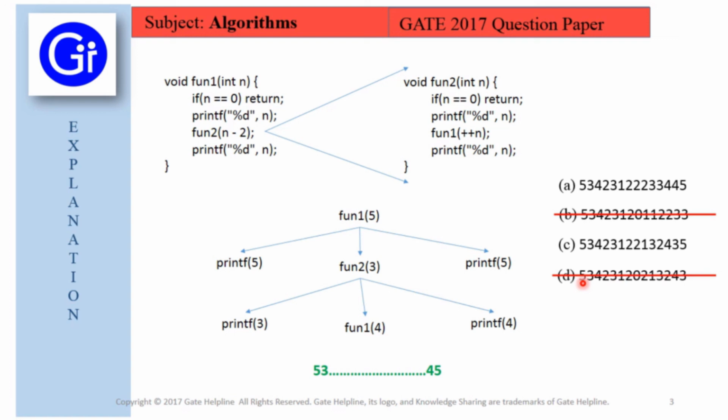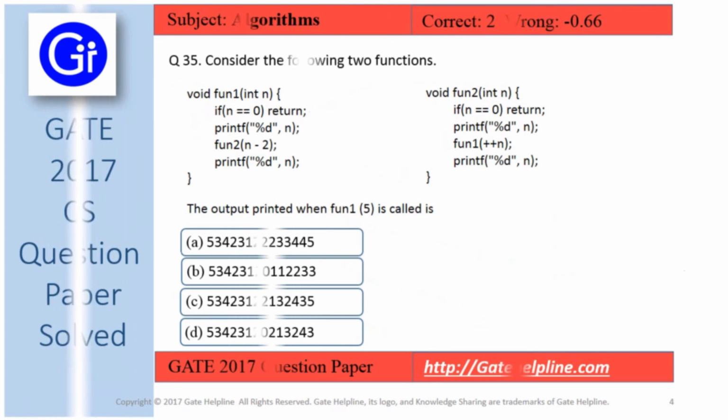Now we check the second and second last digits. In A and C, the second digit is 3, which is correct, and the second last digit in A is 4, but in C it's 3. So C is eliminated. What is left is option A. So as per our explanation, the answer to this question is option A.